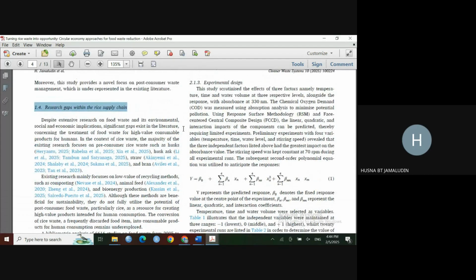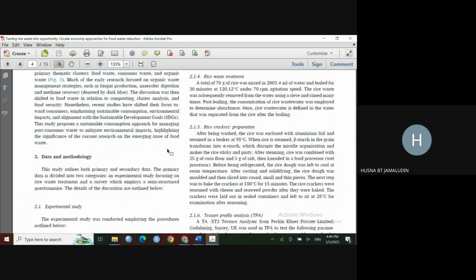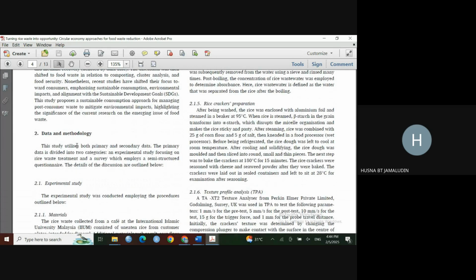So for this, let me see, what is the method? This study uses primary and secondary. Under primary, you also have two things. You do an experiment and then you also use a survey, questionnaire. And then you also have secondary data as well, to support your study.